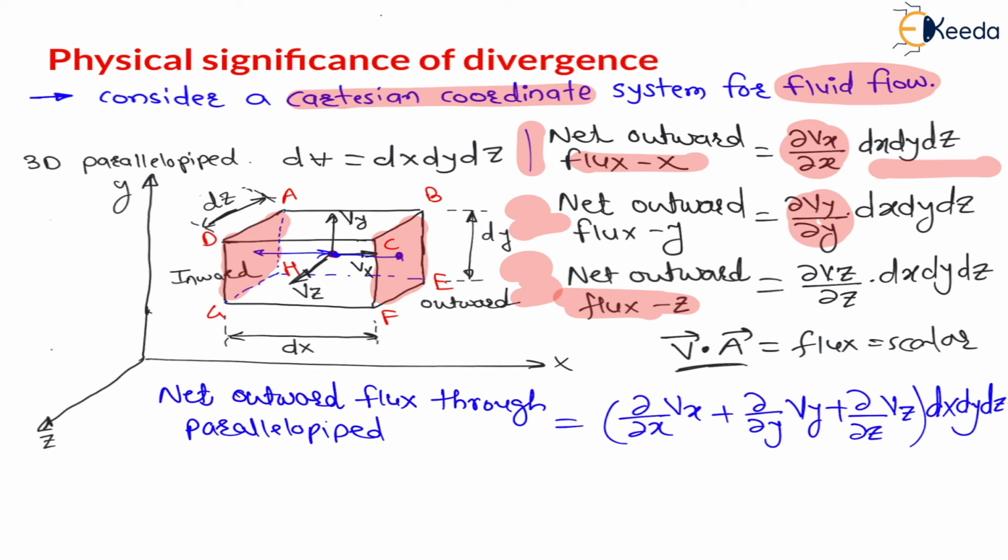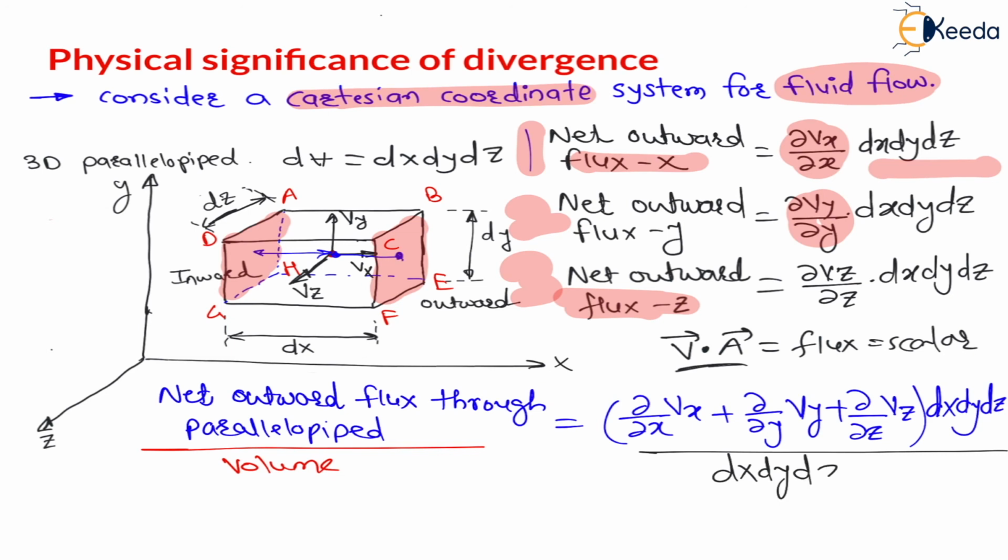Now, my dear students, if I find the net outward flux per unit volume, it means I divide this by volume. For this I am dividing by the volume dx dy dz. Therefore, this dx dy dz volume will cancel from numerator and denominator.